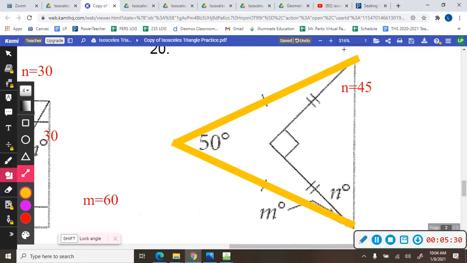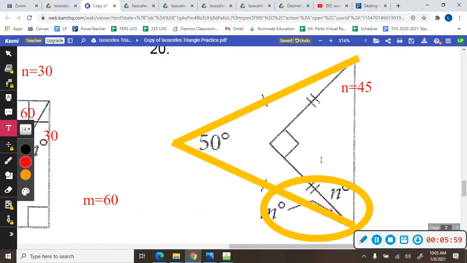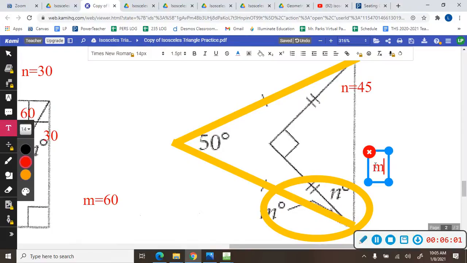So if you take 180 minus 50, that's 130. So the two base angles have to be the same. So this is 65, and that's 65. So we know that m plus n is 65. So then 45 plus what is 65? I guess it's m. M is 20.